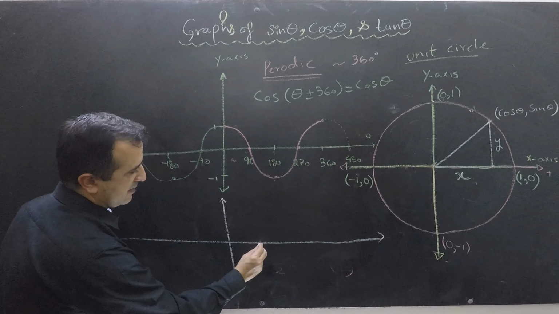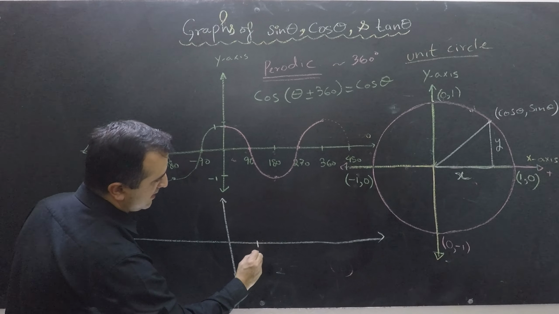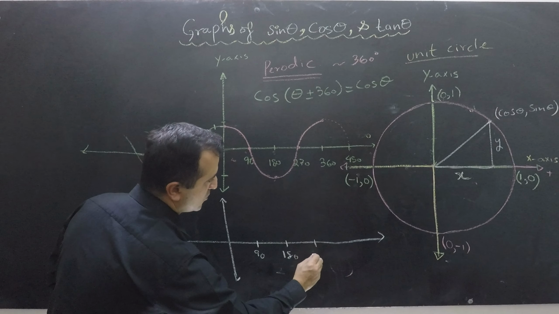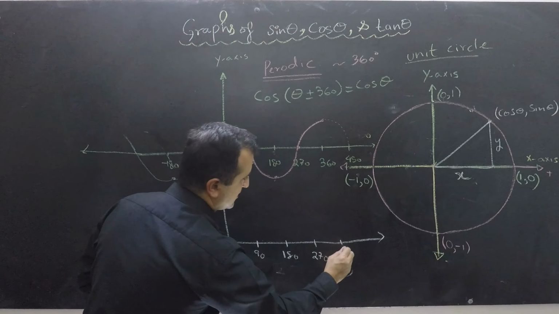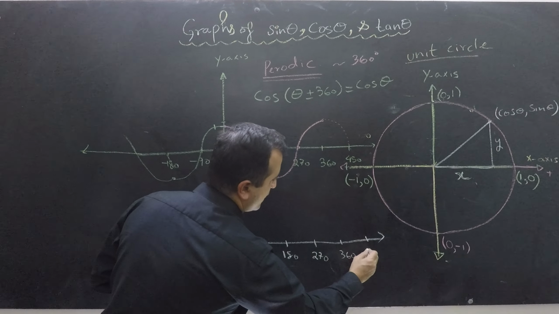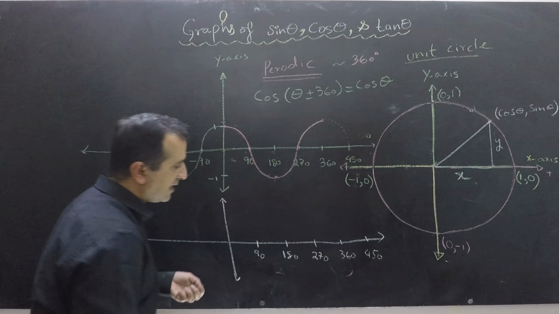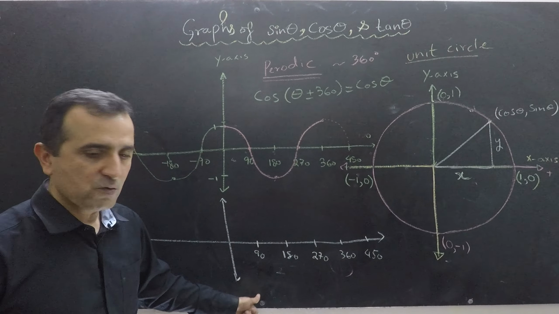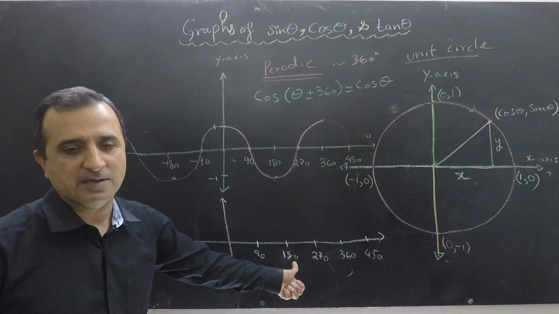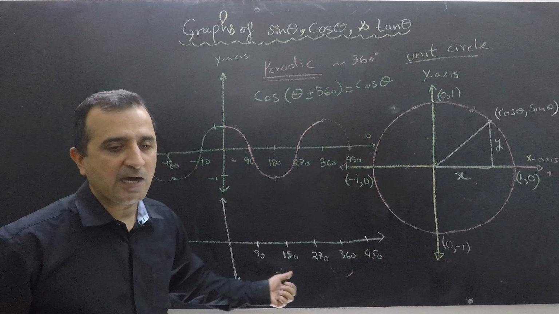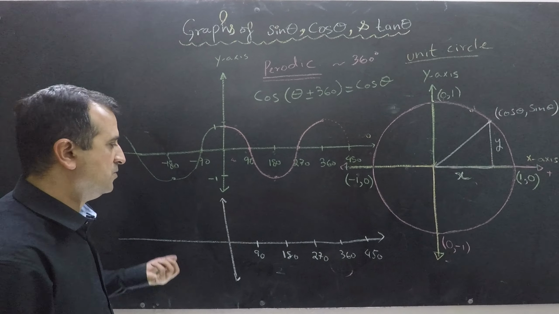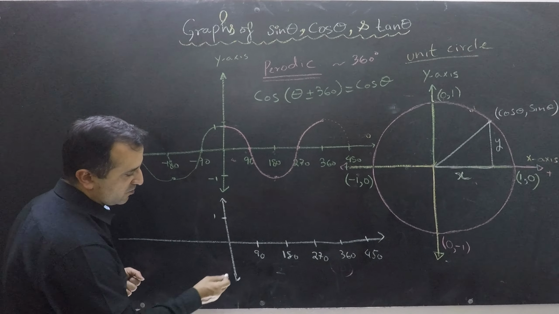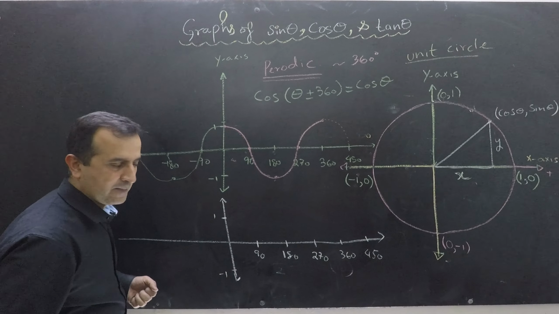Once again, this will be my 90 degrees, this will be my 180, this will be my 270, this will be my 360, and this will be my 450, and so on. I can also write here pi by 2 because 90 is pi by 2, and here pi because 180 is pi. I can write these angles also in radians. We know how to convert angles to radians. And this is going to be my 1, this is going to be my minus 1.